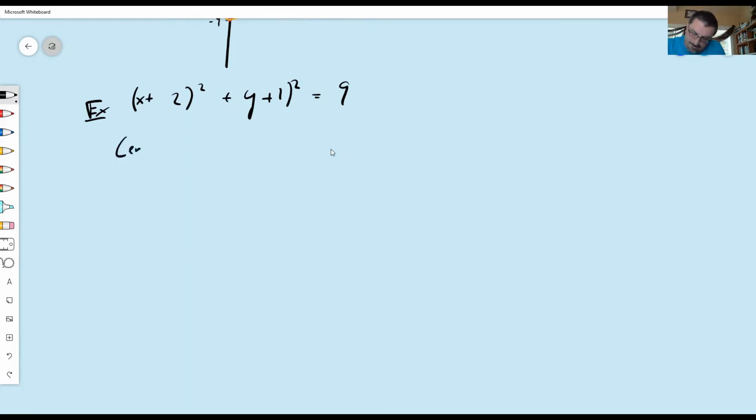So the center, whenever you take h and k in or out of a circle, you're going to switch the sign. So it's plus 2 here, so it's minus 2. Plus 1 here, so it's going to be minus 1. The radius is the square root of whatever this value is right here. So square root of 9 is 3.